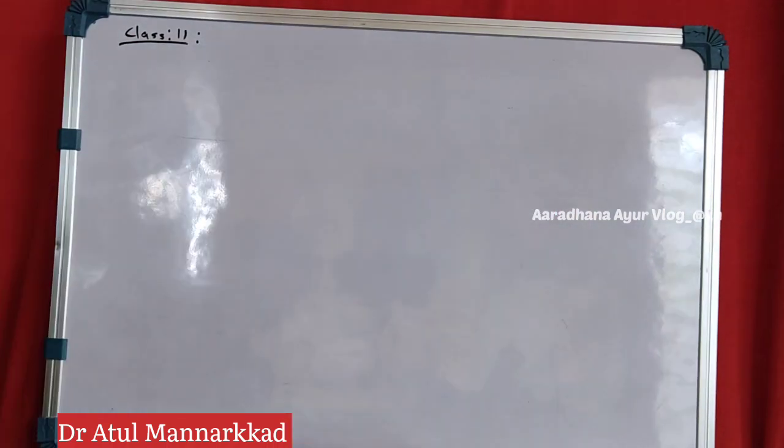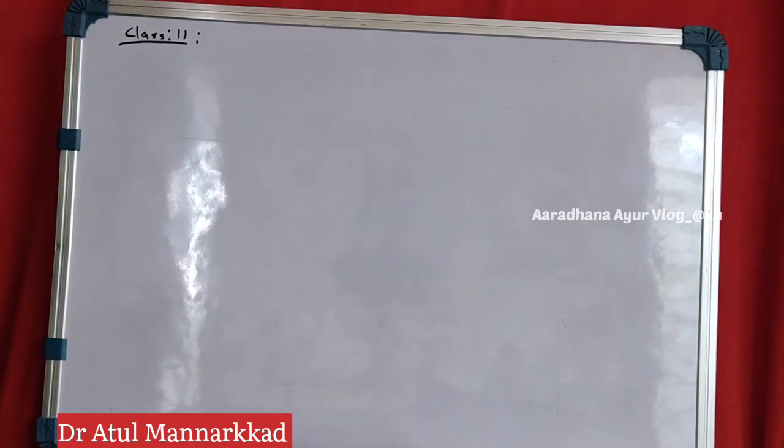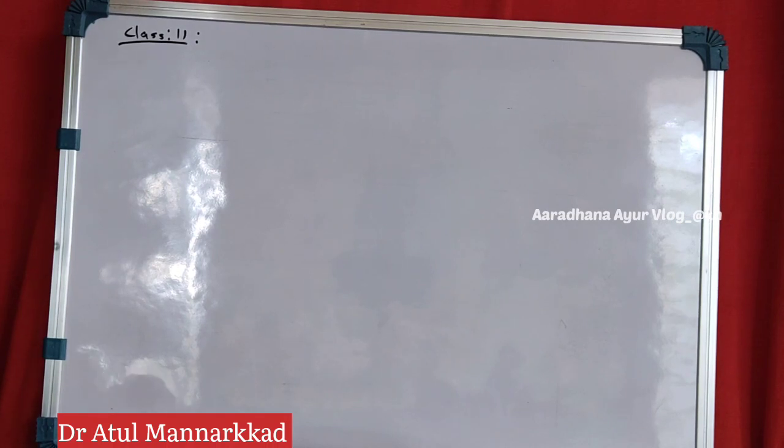Okay, so that was it for today's class. Today we discussed some medical terms, terminologies like superior, inferior, anterior, posterior, proximal, distal, and in the case of the hand we discussed the dorsal and the palmar. In the case of the foot we discussed the dorsal and the plantar surfaces.